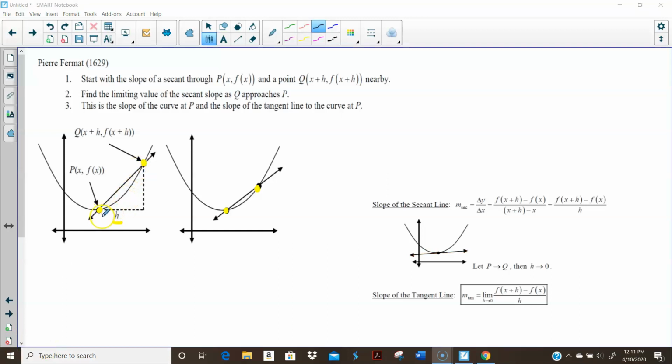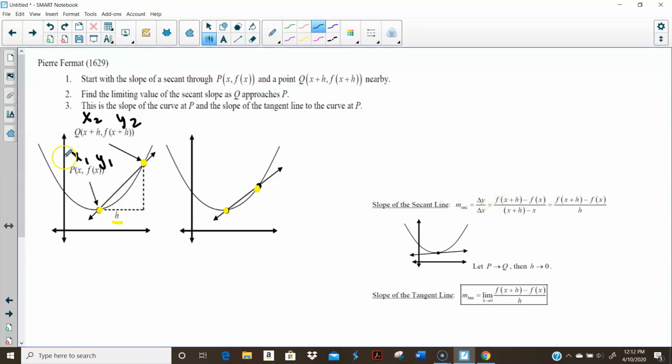If I refer to point P as x and f of x, then point Q is going to be x plus h and f of x plus h. Now if I want to find the slope of these 2 points, I could call this x2 and y2, and this x1 and y1. To find the slope, it's the change in y.